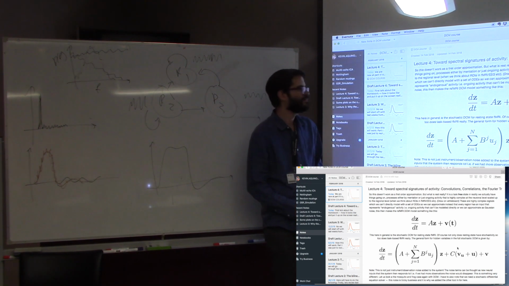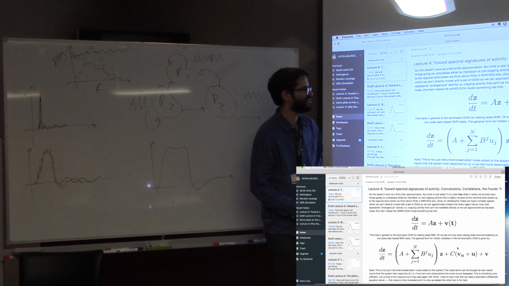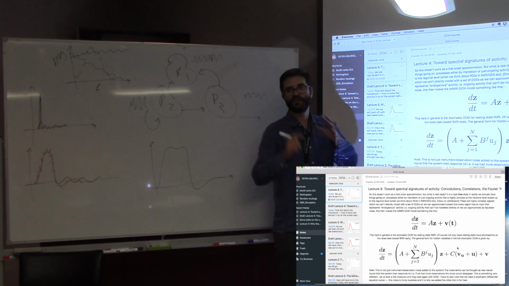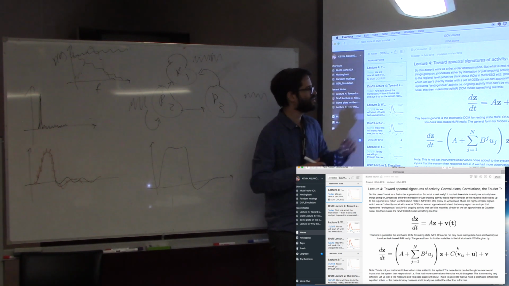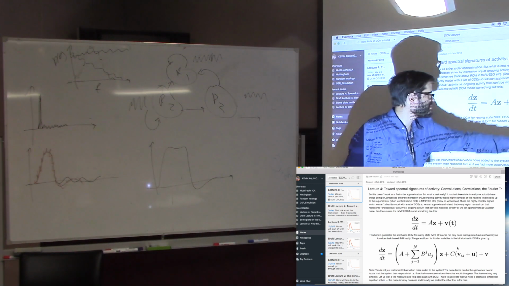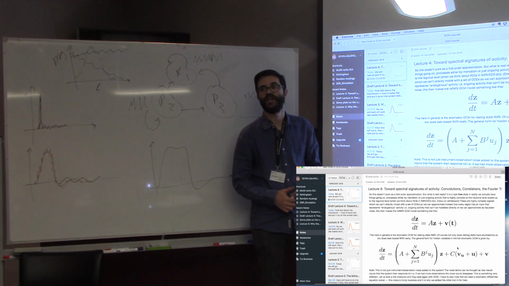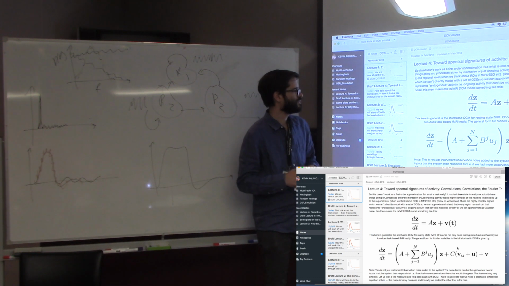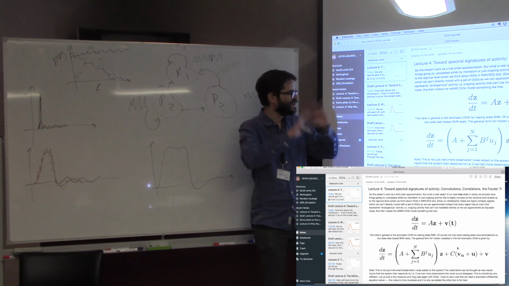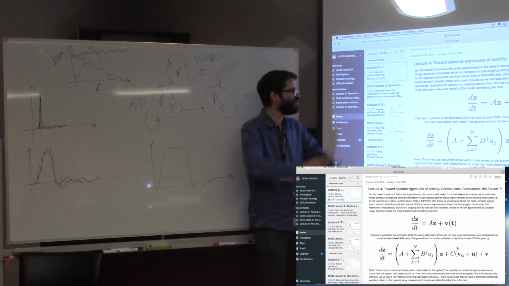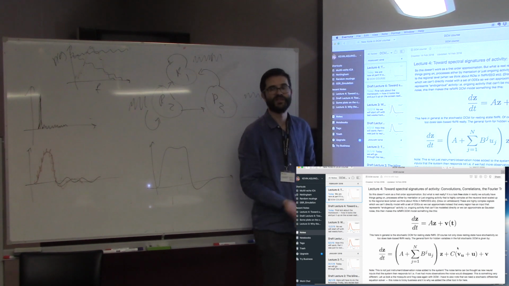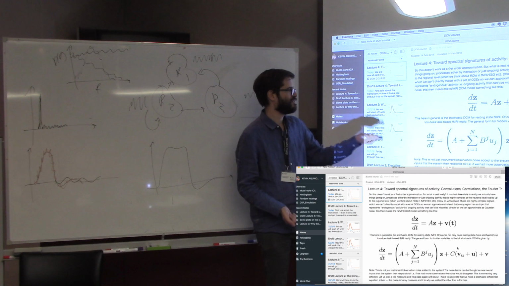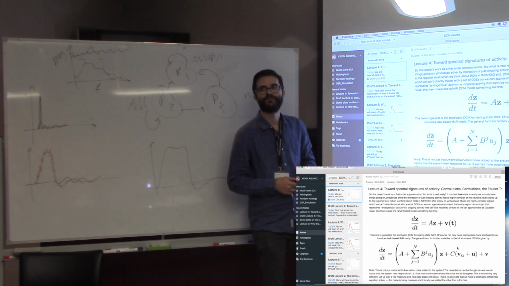And then you can add noise at different steps. You can add noise between the connections of the inputs to the regions. You can also add noise just in general to the system, to each node. This is the full DCM really, it has all the terms in it: you have the stochastic stuff, you have the bilinear stuff.